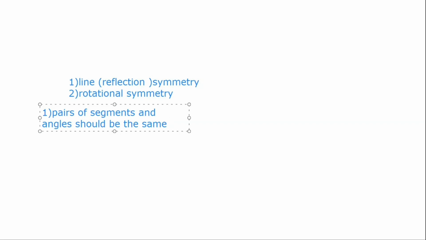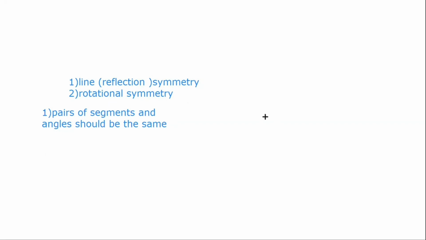Question 2. If you read question 2, what figure has an infinite number of lines of symmetry? Yani, what figure can you think of that has an infinite number of lines of symmetry? What do I mean? Let me draw it for you.